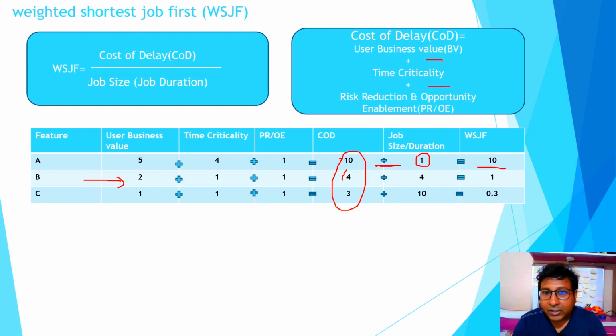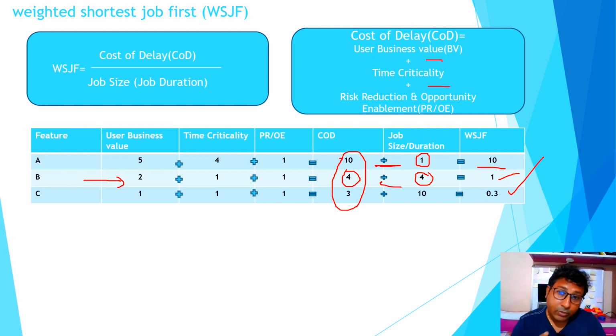Similarly here, if the cost of delay is 4 and the job duration is 4, then 4 divided by 4 becomes 1. And similarly for feature C, the cost of delay is 3 and the job duration is 10, and if we divide these two, then WSJF is equal to 0.3. Now let us see how you will select the job which needs to be prioritized, and which we need to do first.